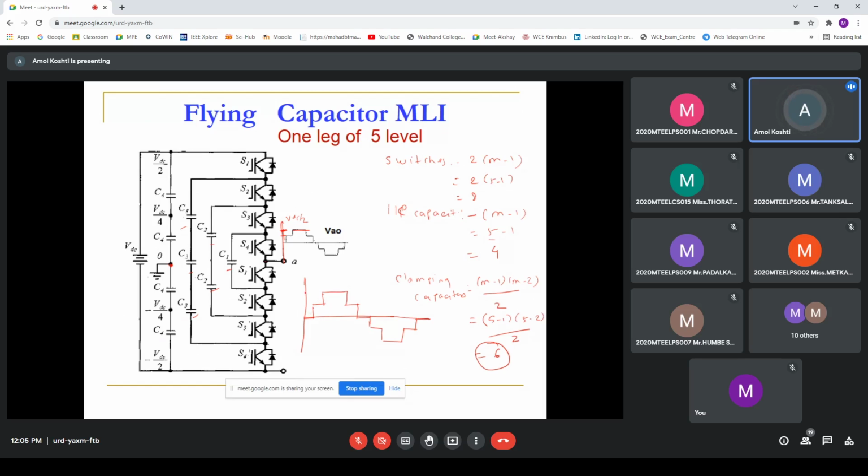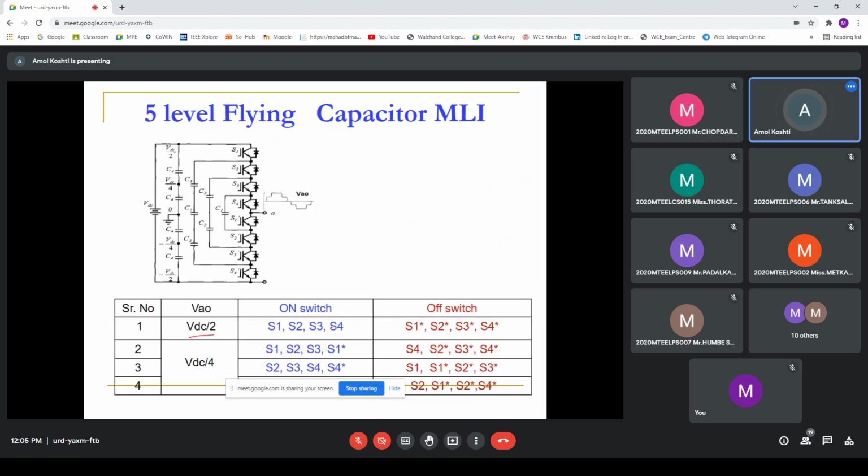This level is VDC by 2, this level is VDC by 4, this level is 0, this level is minus VDC by 4, and this level is minus VDC by 2. So 1, 2, 3, 4, 5. In this way a 5 level output will be produced. For that, the switching is given there.